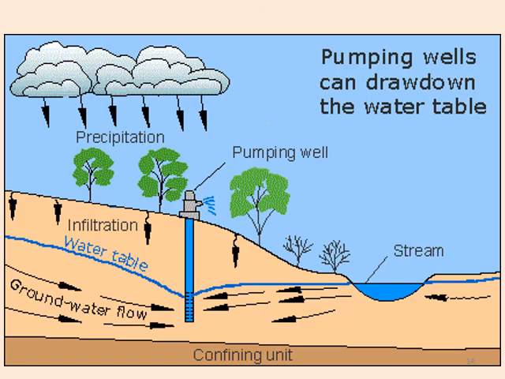So here is a diagram which will show the occurrence of drawdown and what is actually happening when we are installing a well and pumping is occurring. Here pumping is occurring from a well and it is filled with blue colored water.